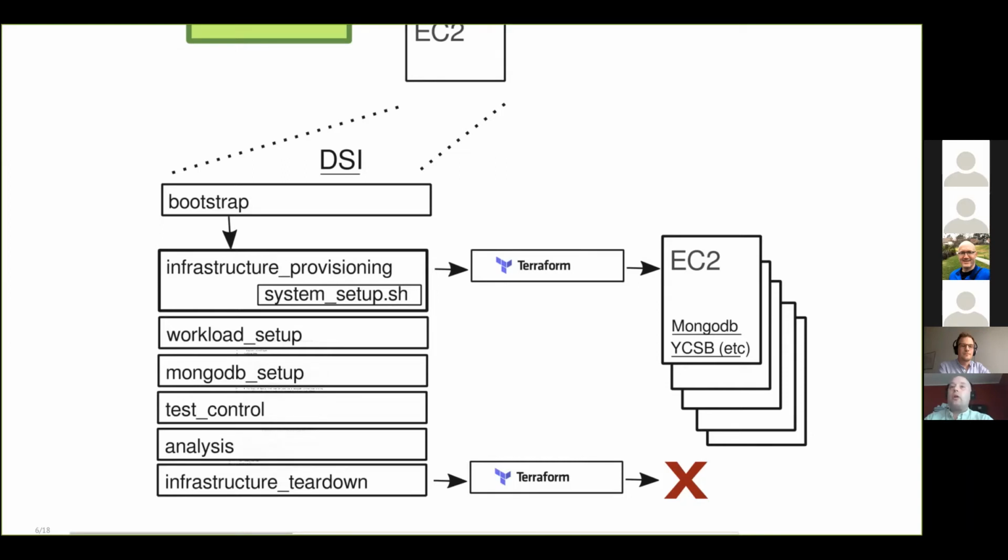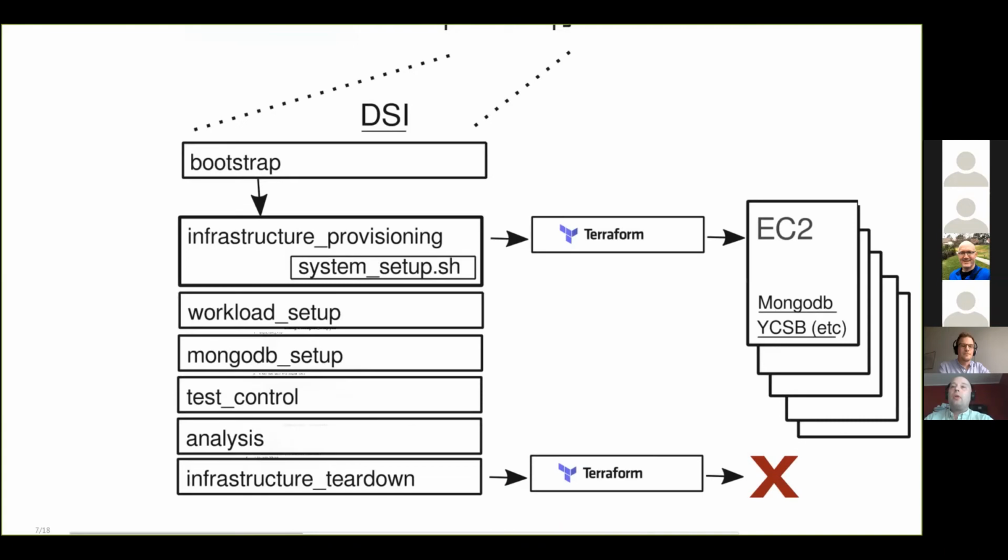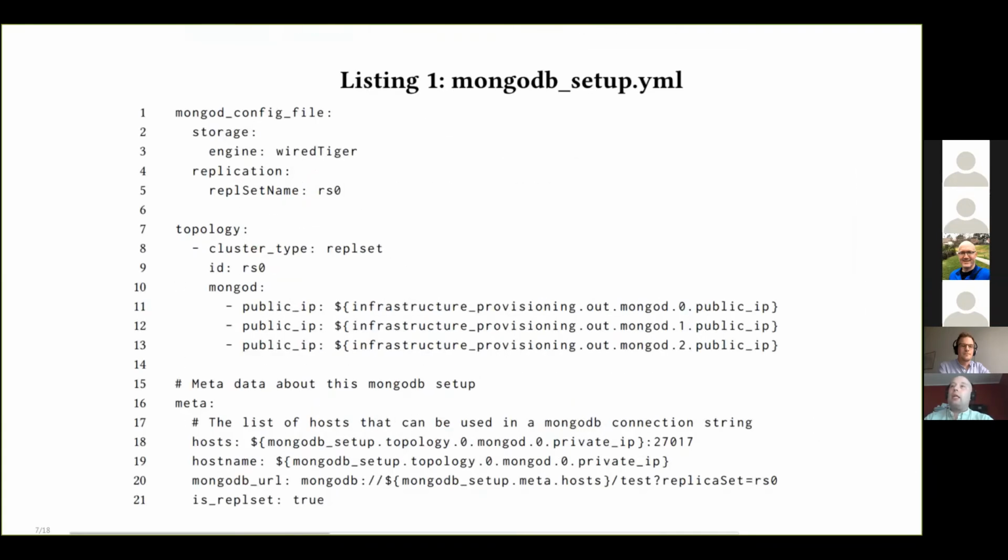So let's look at a few configuration files. Each of these modules has one configuration file, and the configuration files have fixed names. The model is that we create an empty directory, and then for each of these phases, such as here MongoDB setup, there is a configuration file.